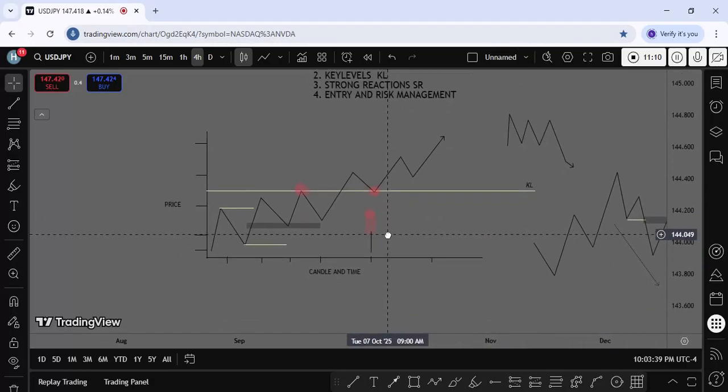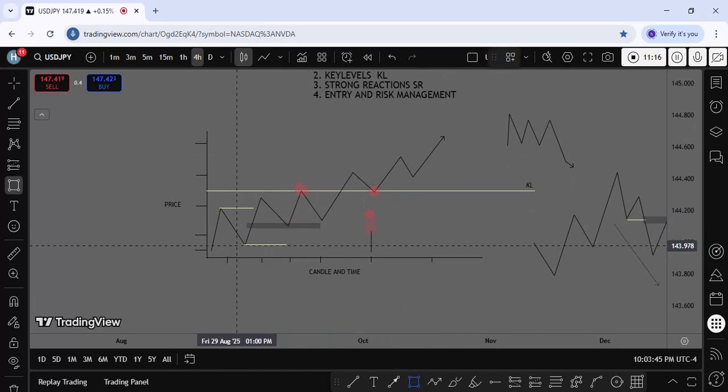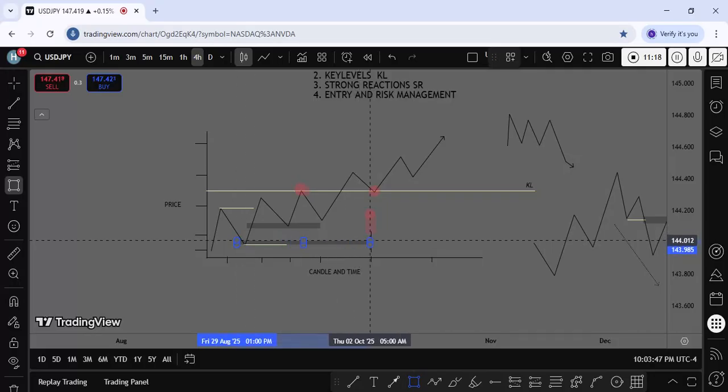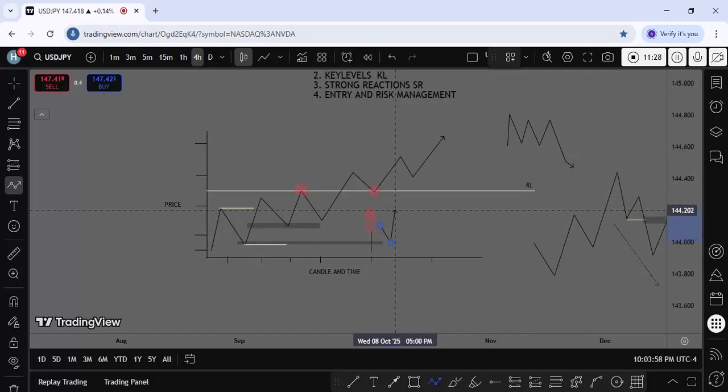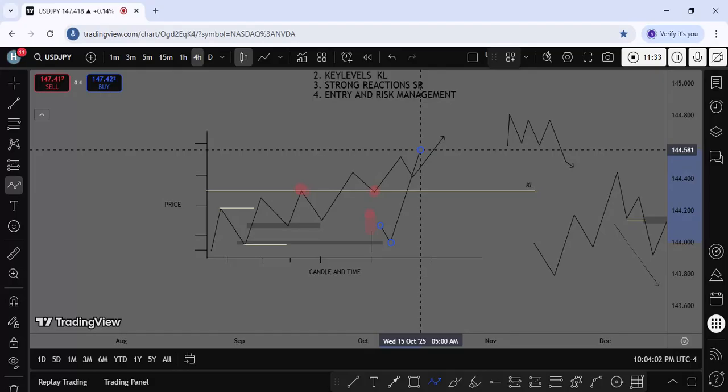So this wick is what is called rejection, and let's assume this is on a rejection area like this. That means price has rejected this place and it is not going to go down again, rather it pumps, price moves higher, it skyrockets.